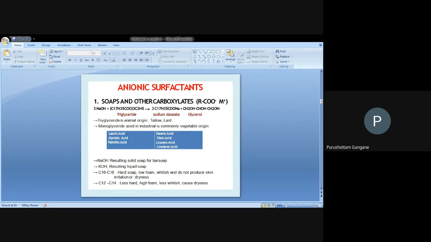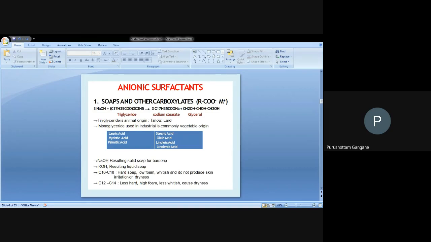So to produce soap, which essential things do you require? You require lipid or fat, which may be triglyceride or monoglyceride, and alkali. By combination of triglyceride and alkali, you get the stearate. Suppose you are using the triglyceride, you get sodium stearate and glycerol is the byproduct.